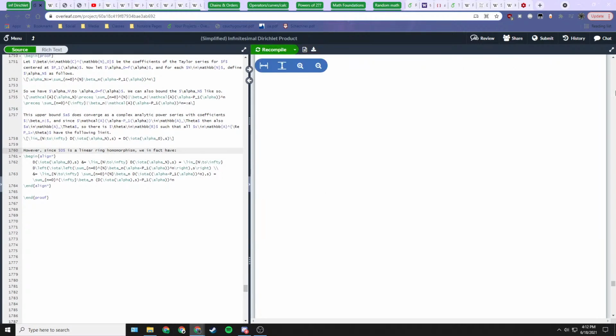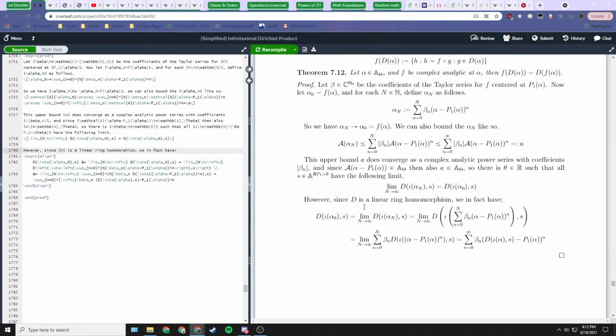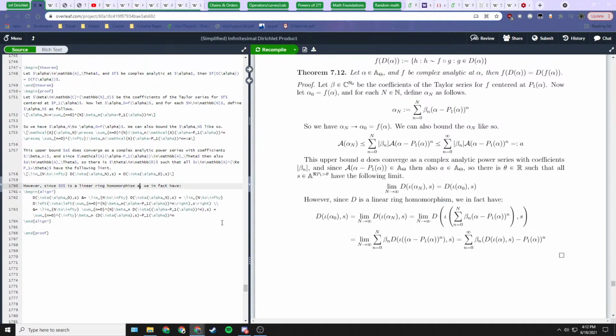Okay, yes, so d iota alpha s is this limit, which is this. So we just have this, we expand the definition, pull out the summation with the coefficients, a linear ring homomorphism and beta sub m are complex.